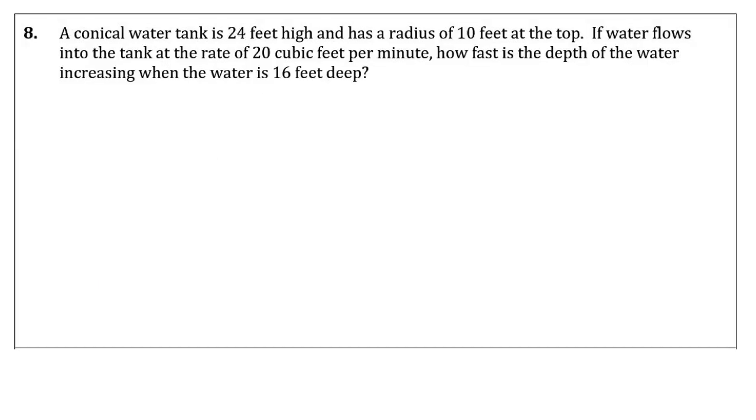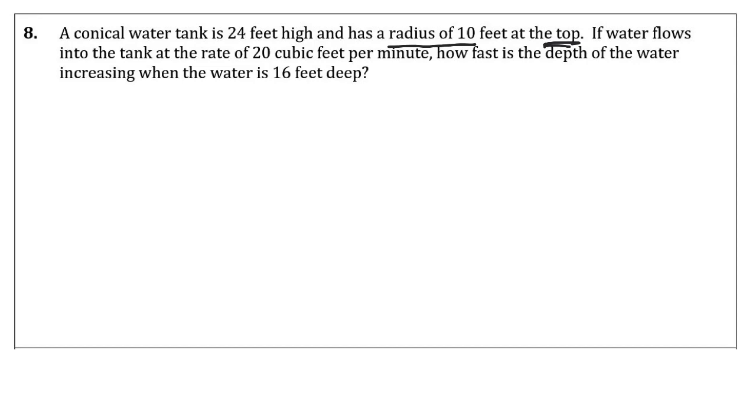Okay, so for this one, we have a conical tank. It's 24 feet high and has a radius of 10 feet at the top. So before I read anything else, let's talk about what's going on here. So you've got a cone, and it's going to be inverted, and you're told that it has a radius of 10 feet at the top.